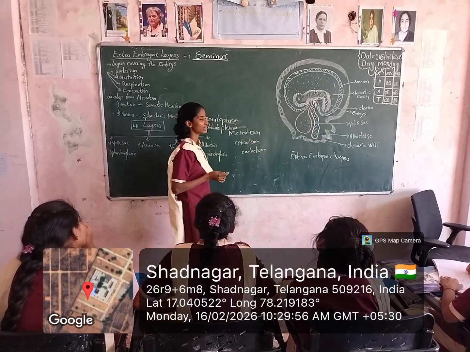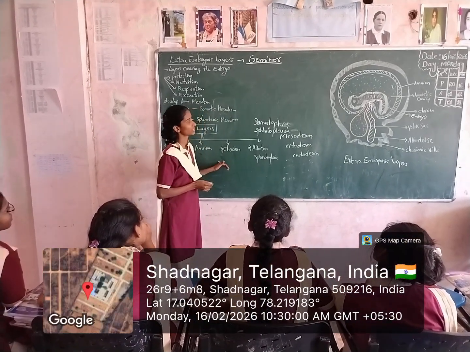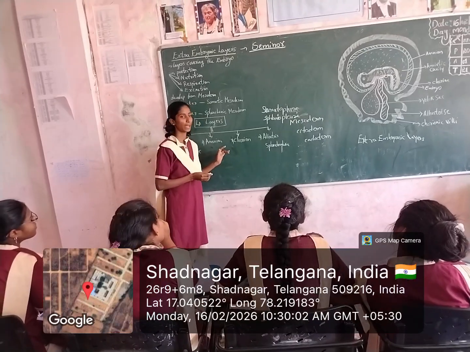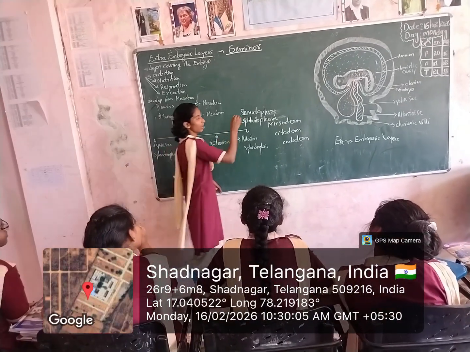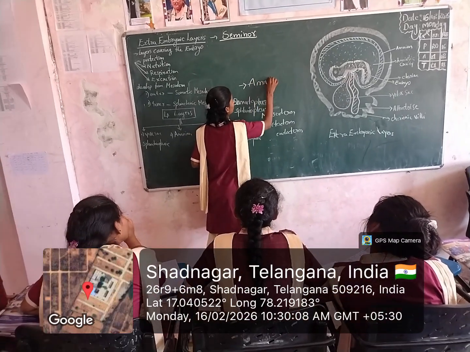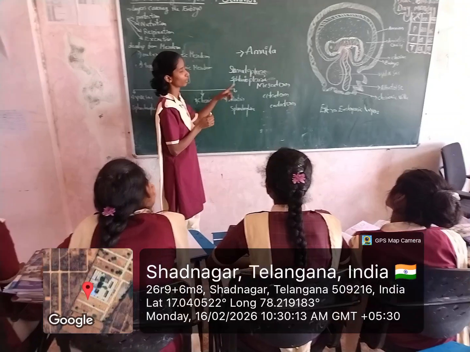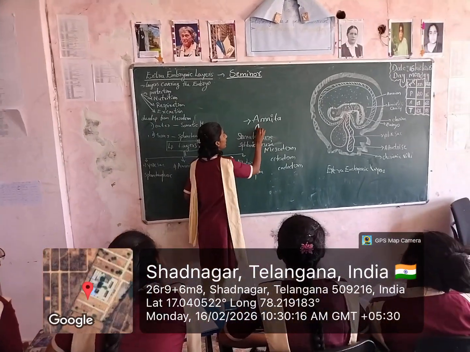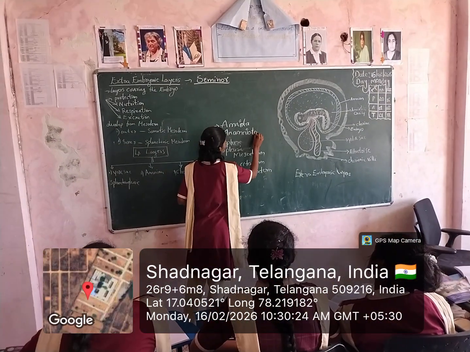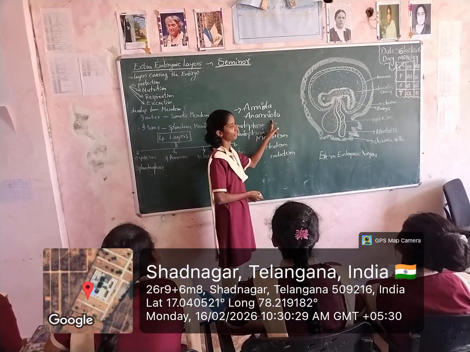Okay? And in terms of amnion, vertebrates are divided into two types. The vertebrates which contain amnion are called amniota, and the vertebrates which do not contain the amniotic membrane are called anamniota. Anamniota are amphibians and fishes.